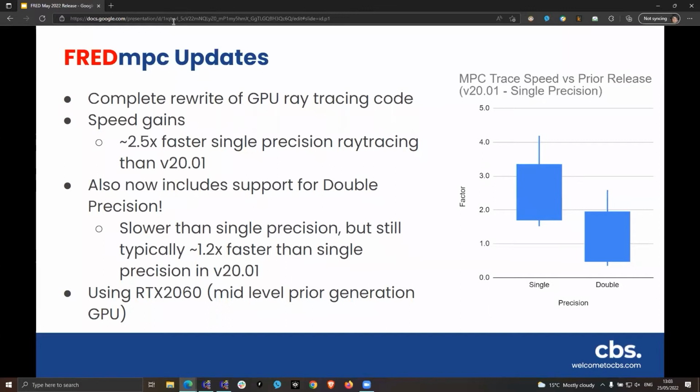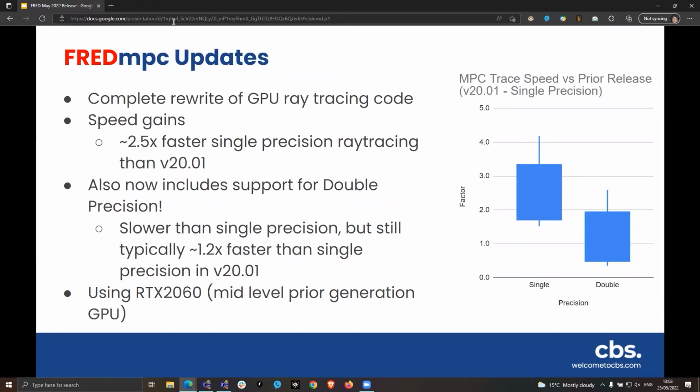So the big thing that's happened in the last 16 months or so is that there's been a complete rewrite of the GPU ray trace code, and that's obviously taken a lot of effort. It's why there's been a longer gap than normal between updates to FRED. But one of the biggest benefits we get from that is the speed gains.